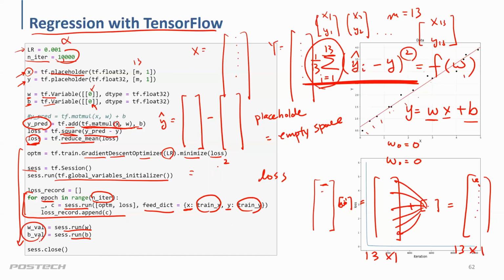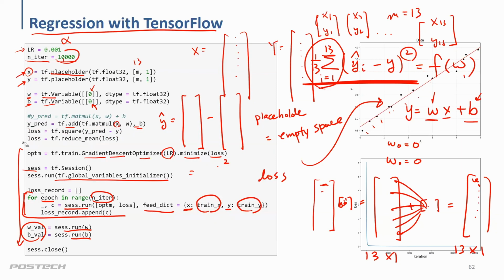These will be the values, and I plotted this. This is how we compute the linear regression problem using gradient descent, implemented in TensorFlow.